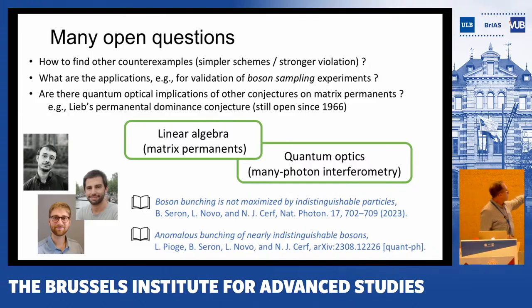These are the two papers that we have written on this topic, and I forgot to mention my collaborators from the beginning. Here you have Benoît Seron and Leonardo Novo, who co-authored with me the first paper where we found this phenomenon.